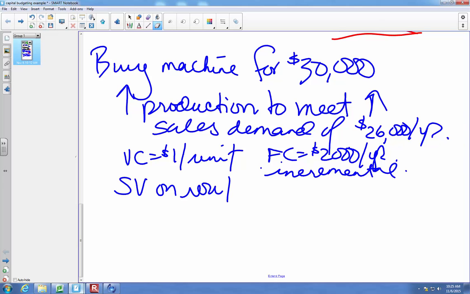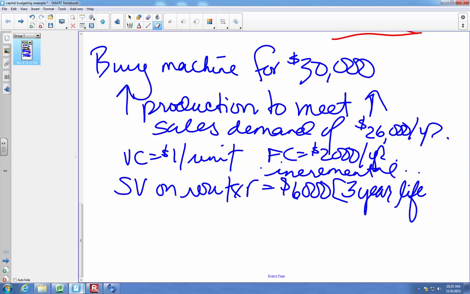In other words, what do I think it's going to be worth at the end of its life? $6,000. And I think it's got a 3-year life. You have to ask me one more question.